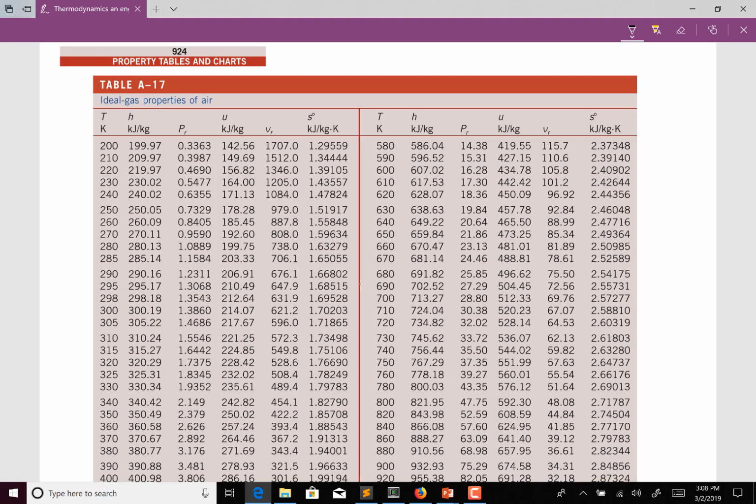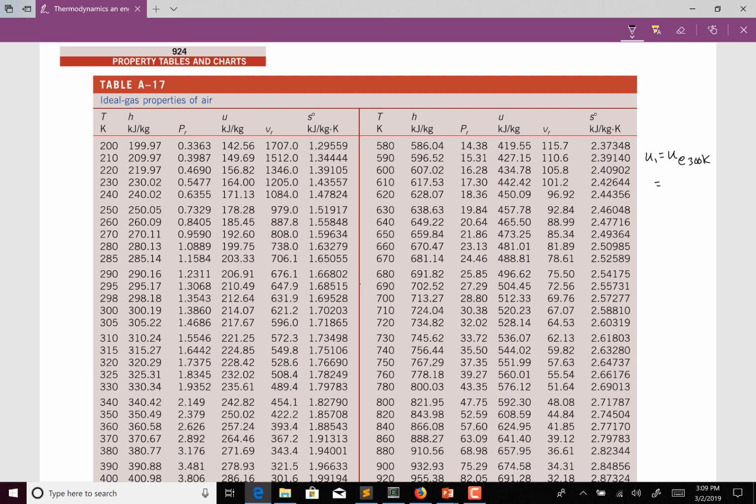If we go to table A-17, this is the air table, and we can look up U1 and U2. At state 1, the temperature was 300 Kelvin, so U1 is equal to U at 300 Kelvin.